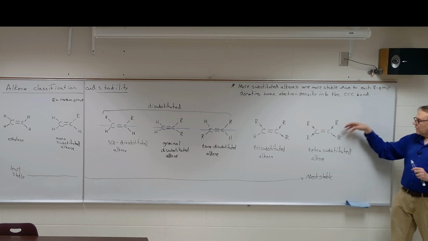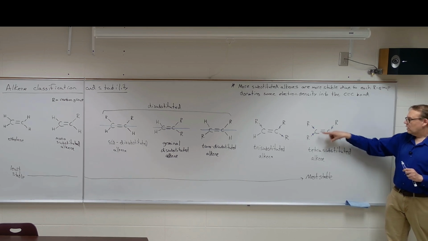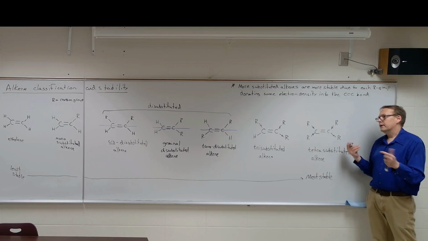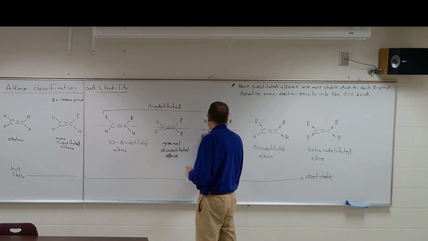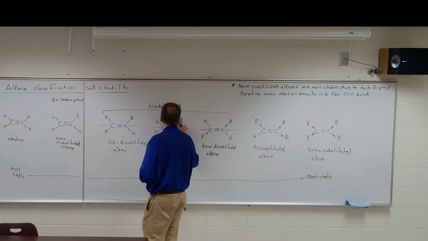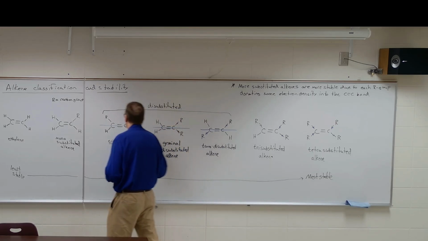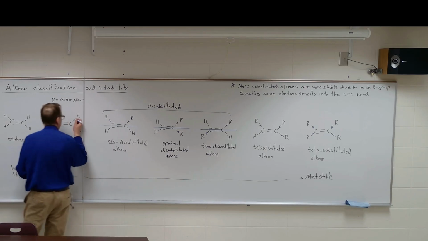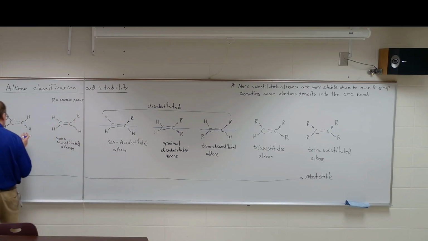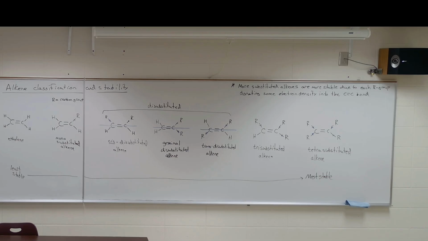So the R groups are donating electron density to the carbons that are making the pi bond. And then with disubstituted, you have two of these groups. They're just arranged in different locations. And with monosubstituted, you only have one. And with ethylene, you don't have any. So that's the first rule about stability: more substituted means more stable.